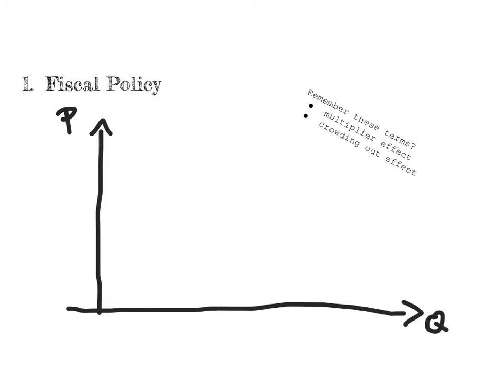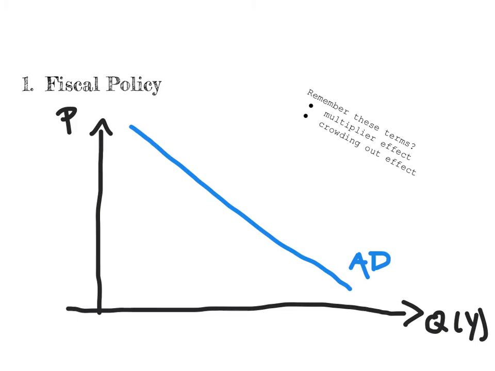It's output. You could also say Y or GDP, right? Then we're going to do aggregate demand, right? Downward sloping. How much people want to buy at any one point, right? And we're going to do supply, which is upward sloping aggregate supply.